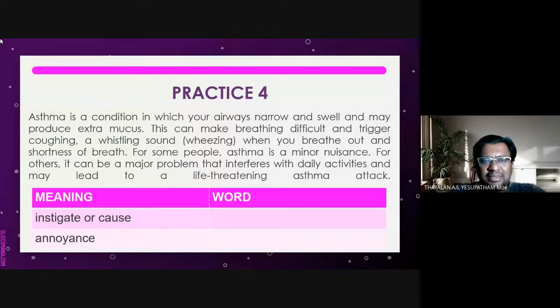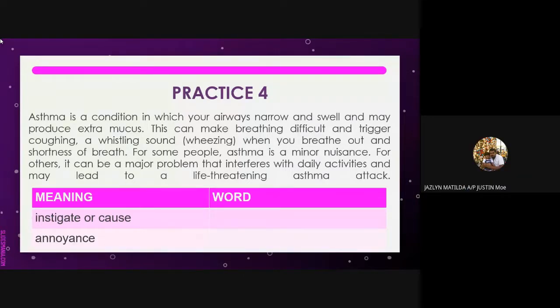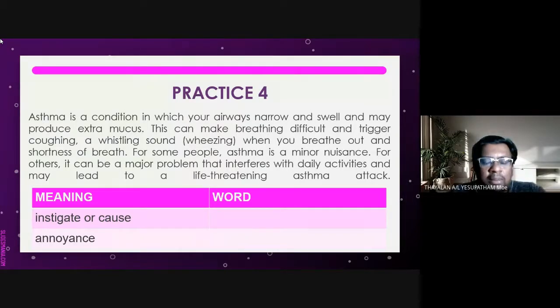Asthma is a condition in which your airways narrow and swell and may produce extra mucus.